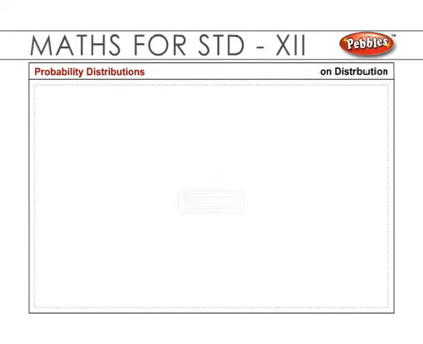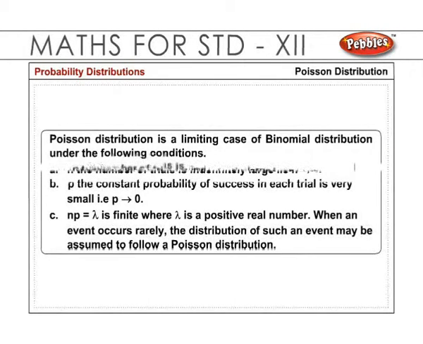Poisson distribution. Poisson distribution is a limiting case of binomial distribution under the following conditions. A. n, the number of trials, is indefinitely large, that is, n tends to infinity. B. p, the constant probability of success in each trial, is very small, that is, p tends to 0. C. np is equal to lambda, which is finite, where lambda is a positive real number.